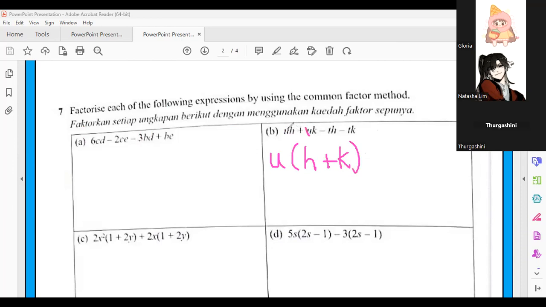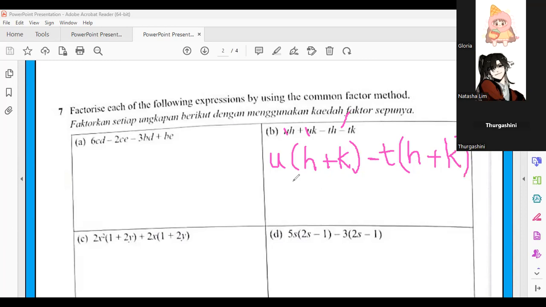So I take out the U, and then I'm going to take out T from here. So I'm going to minus T. So remember, it's a negative T. So if I took out the negative T over here in my bracket, it's going to be H. And then this is going to be a positive, because negative times positive, then only I can get negative. And this is going to be K.